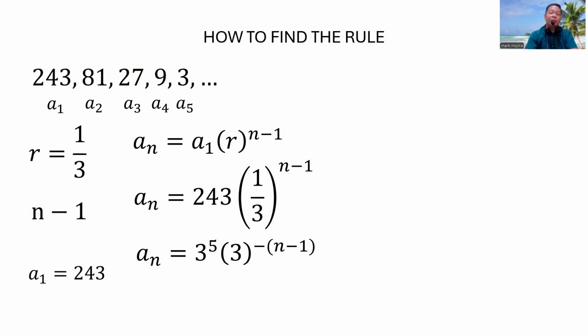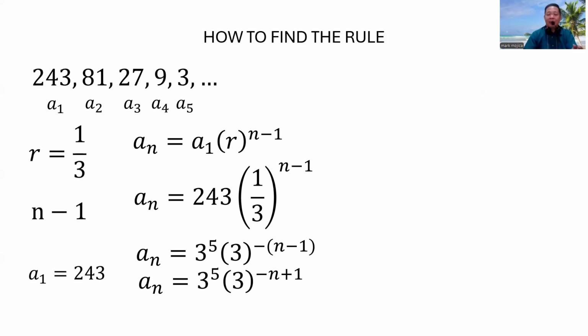So we are going to multiply now negative n and then yung negative dun sa n and negative sa 1. So, ang gagawin mo lang is to multiply all the sign, ipasok lang natin sa parentheses. Therefore, you have 3 raised to the power of 5 is multiplied by 3 raised to the power of negative n plus 1. Notice, this rule here, if we have the same base, you can simply add the exponent. Okay?